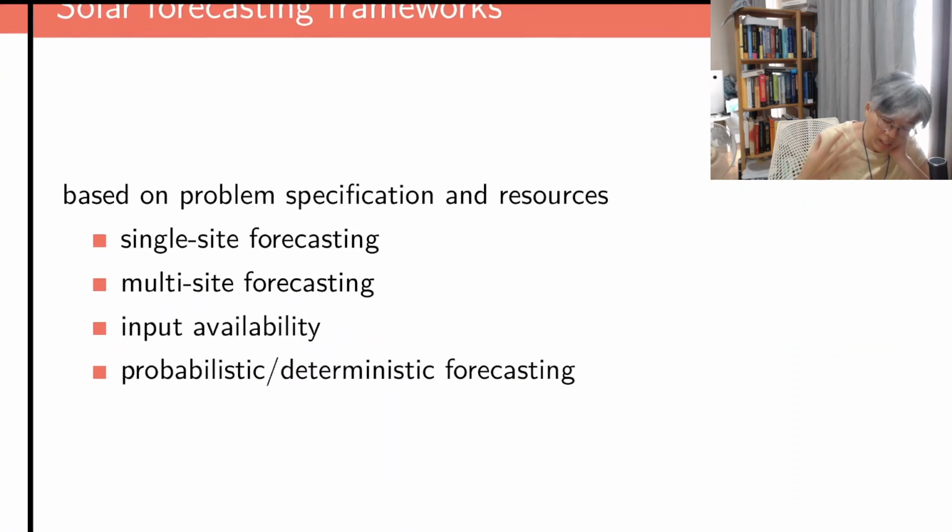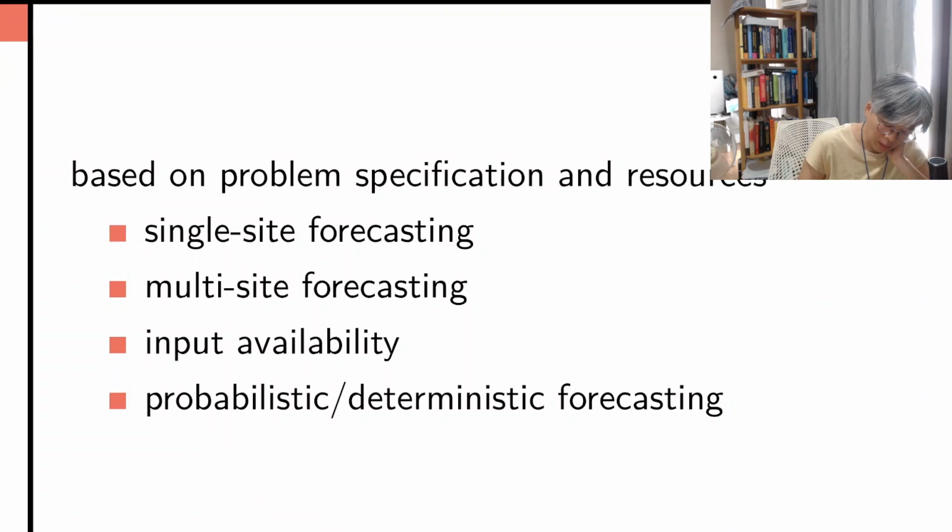These aspects depend on the problem specification and resources. What I'm going to explain is that when we perform forecasting for a single site, multi-site, and on different locations that have different sets of available inputs, the framework of implementing this would be different.